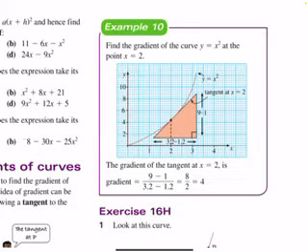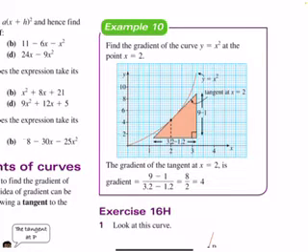You have the function, what is it? X squared. They would like to know the gradient or average speed. You decide. Average speed or gradient where? At x is 2. So you have your function, x squared. They would like to know the gradient, average speed, when x is 2.